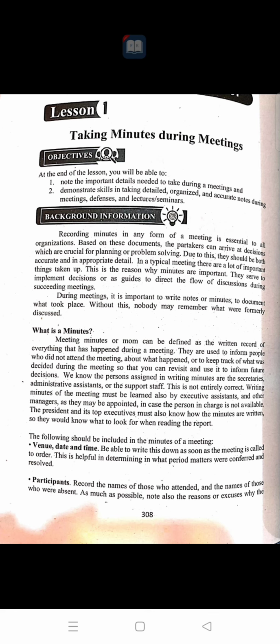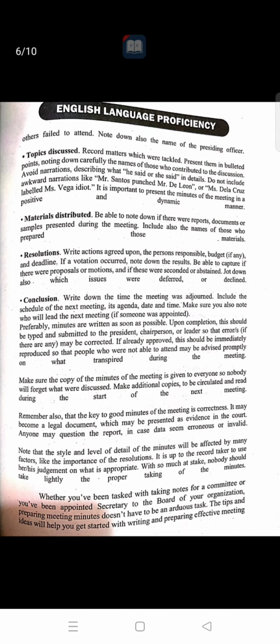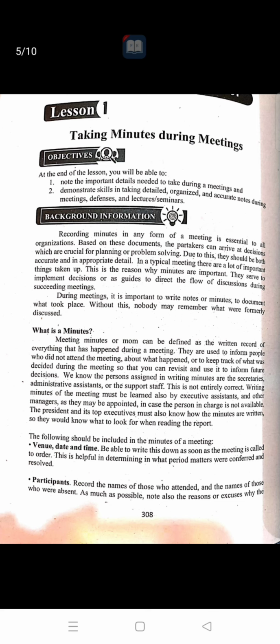Now, the following should be included in the minutes of the meeting. We have the venue, the date and the time, the participants, topics discussed, materials distributed, resolutions, conclusion. So, yun po yung mga dapat na maging laman ng ating minutes of the meeting. I'll repeat, kailangan nandun yung venue, date and time. So, yun yung una mong ilalagay.